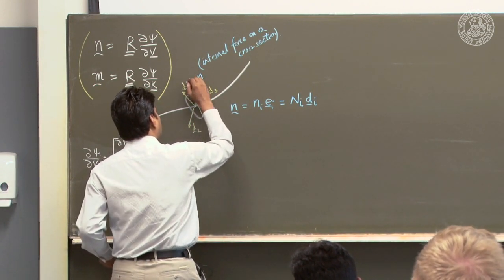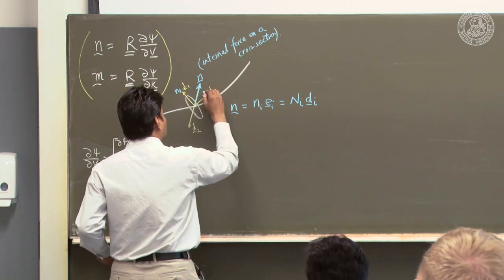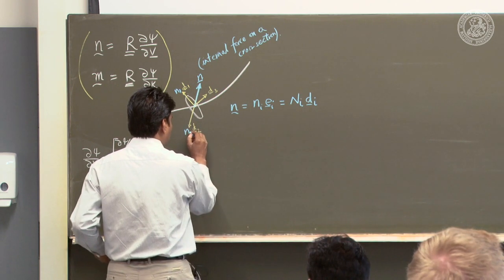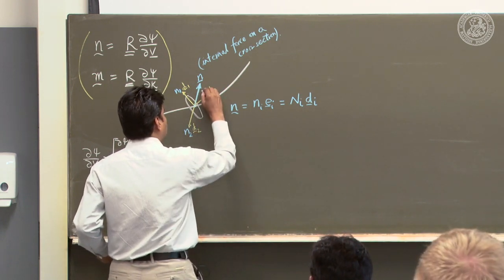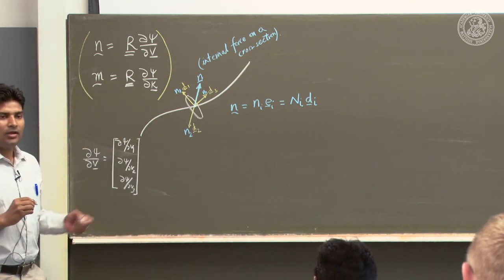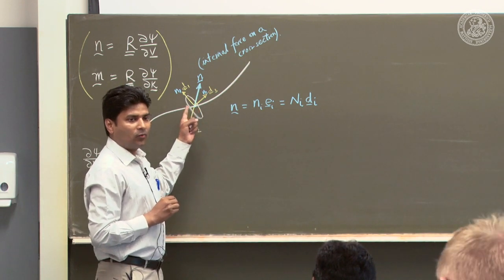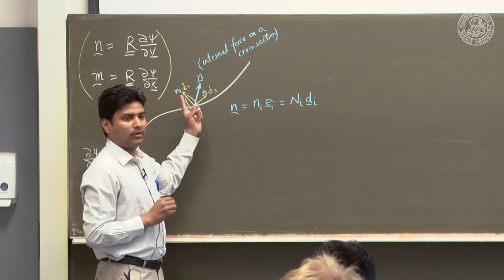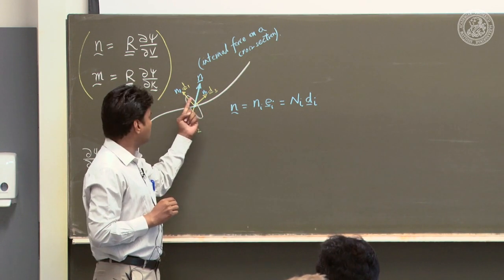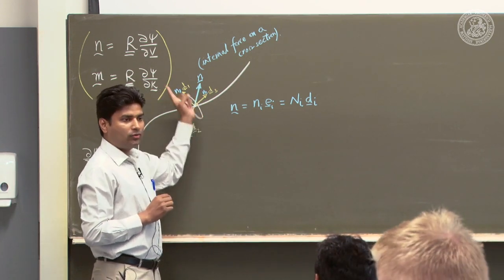So N1 comes with d1, then N2 comes with d2, and N3 comes with d3. And you can see they have got physical meanings. What's the meaning of N1, for example? It's the component of this force along d1.